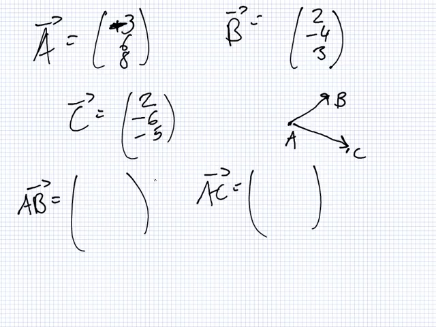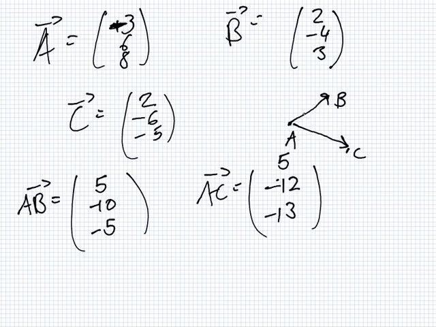AB is B minus A, which is 5, minus 10, and minus 5. AC is C minus A, which is 5, minus 12, and minus 13.